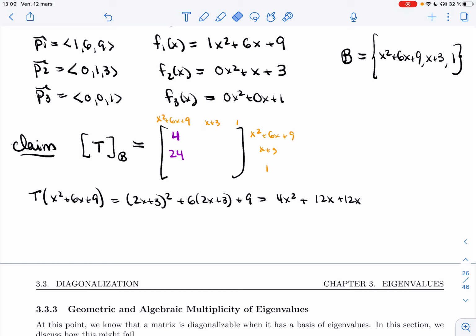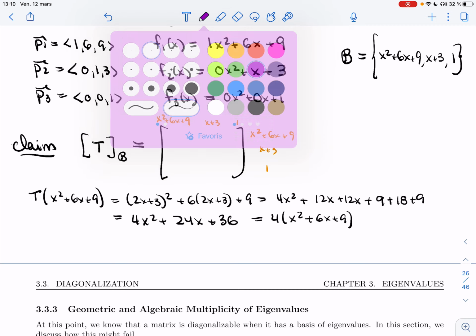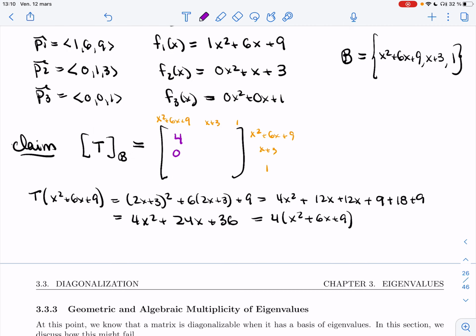Oh, sorry, I was getting confused again. 9 plus 18 plus 9, and so I get 4x squared plus 24x plus 36, and that's 4 times x squared plus 6x plus 9. Perfect. I keep forgetting to go back to the basis.